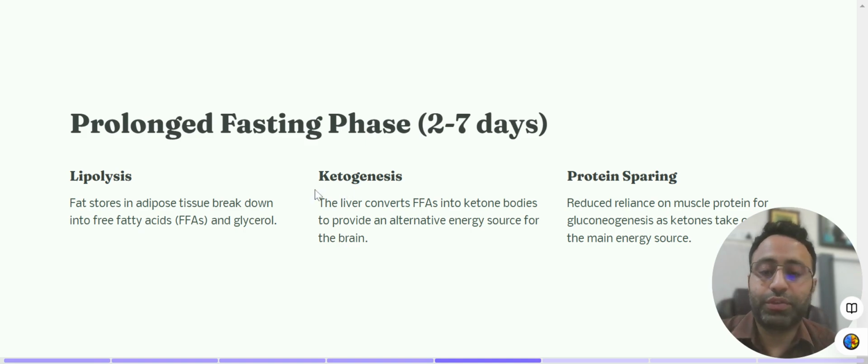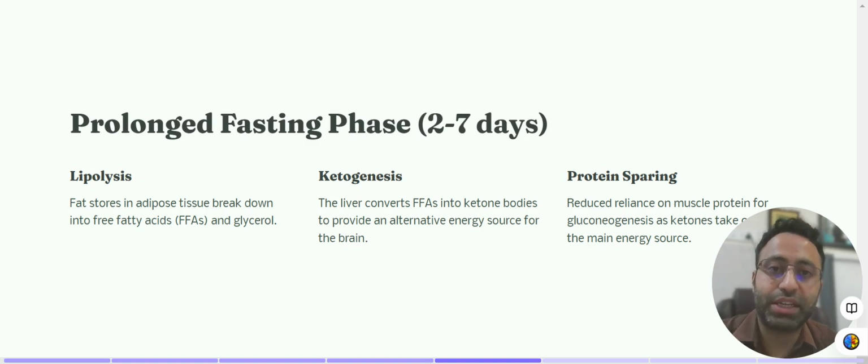In ketogenesis, the liver converts free fatty acids into ketone bodies to provide an alternate energy source for the brain. The most important thing available for the body during the fasting phase is your free fatty acids, which are converted to ketones or ketone bodies. As we have spoken regarding protein sparing, there is reduced reliance on muscle protein for gluconeogenesis as ketones take over as the main energy source.